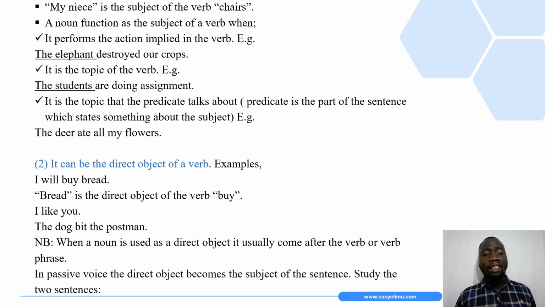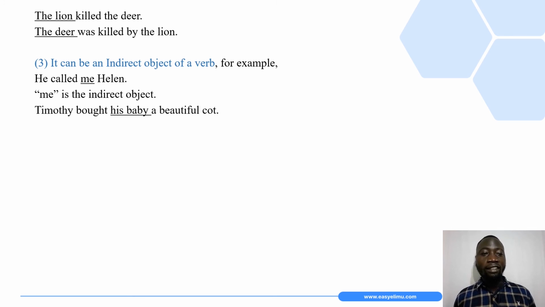Another important thing worth noting is that in passive voice, the direct object becomes the subject of the sentence. To illustrate this, study the two sentences that we have here. In the first sentence, the lion killed the deer.